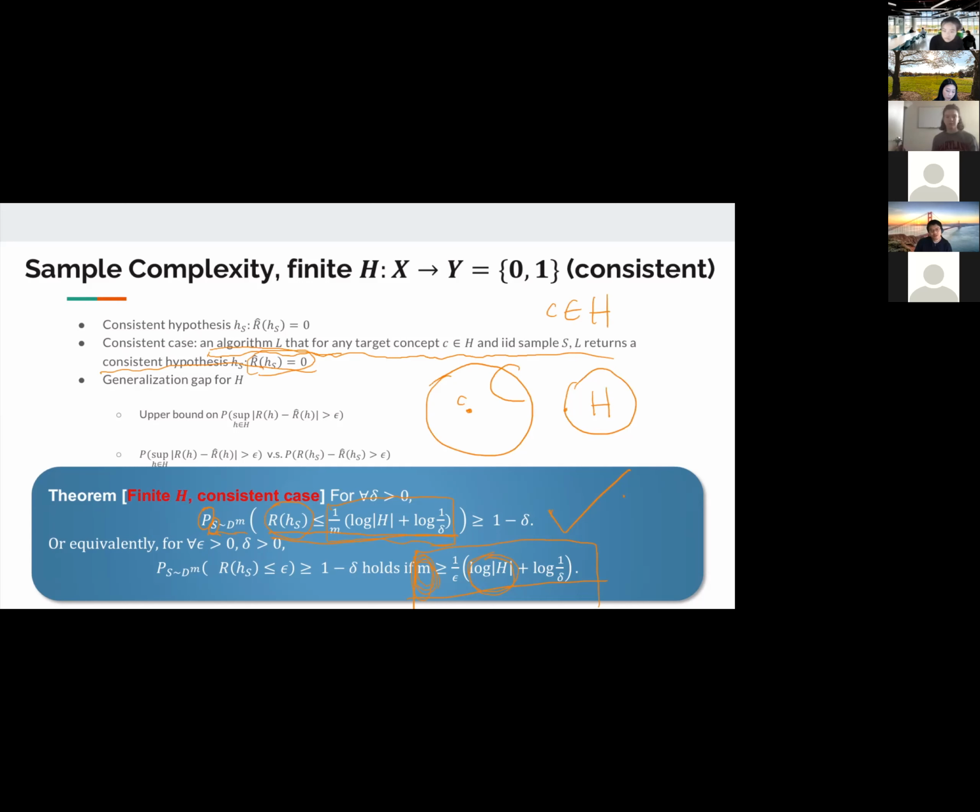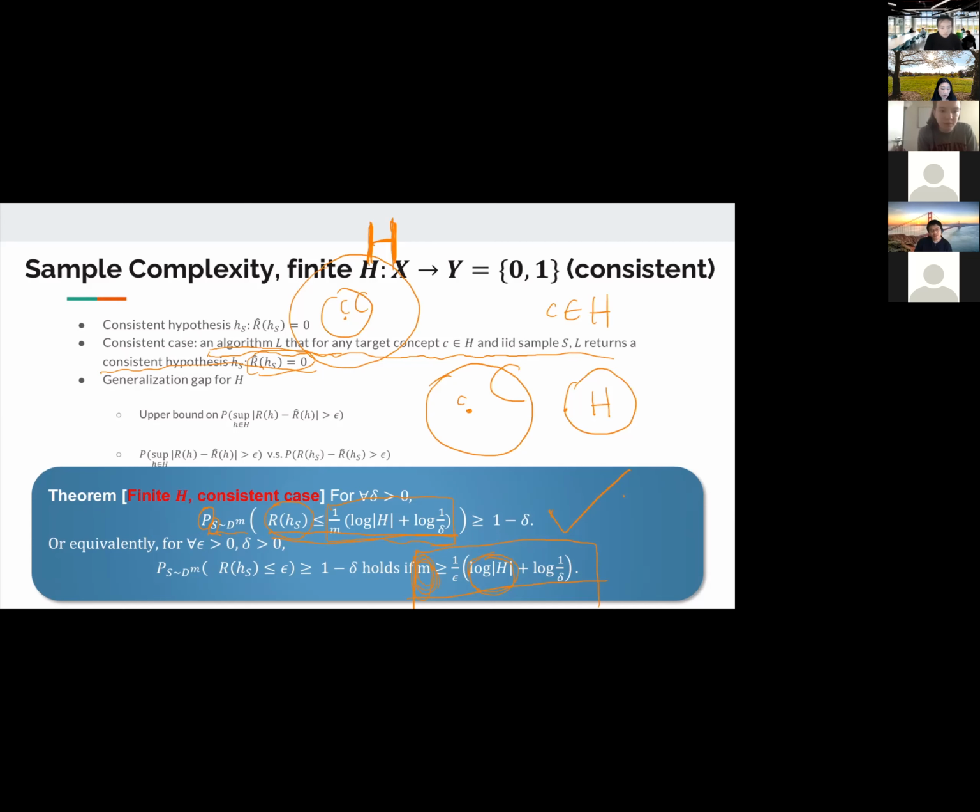However, say you have the collection of the C, your H could be larger than your C, and you could still have a consistent case. However, the problem is that you don't know how large your H could be. Your H could be very large.